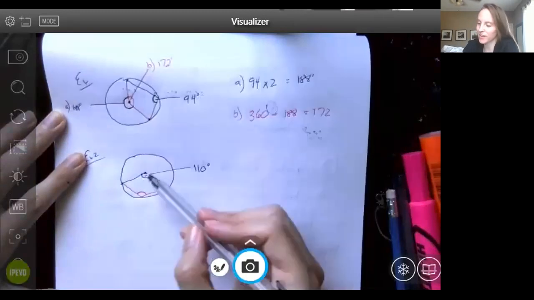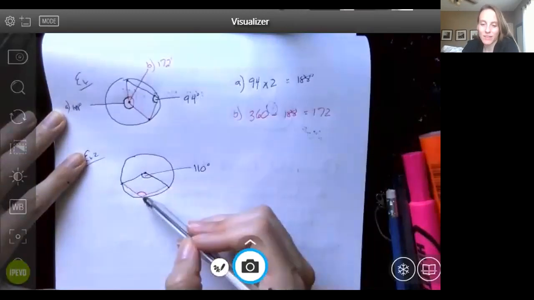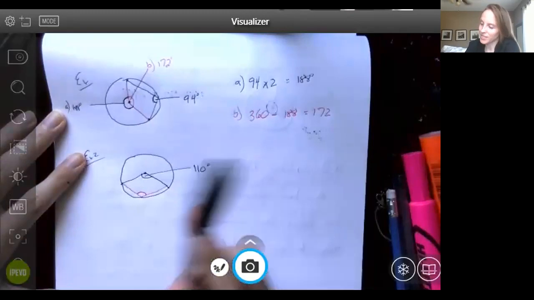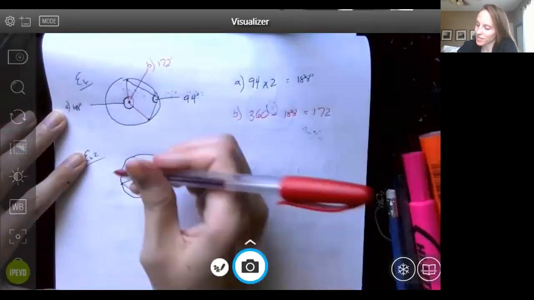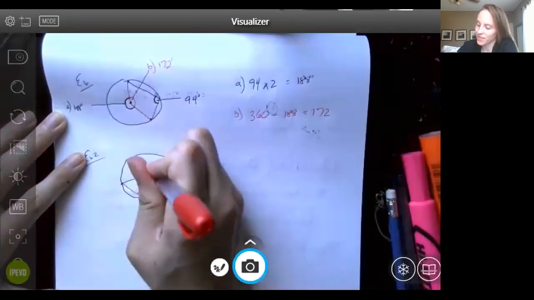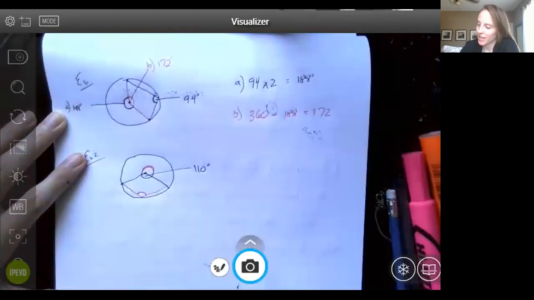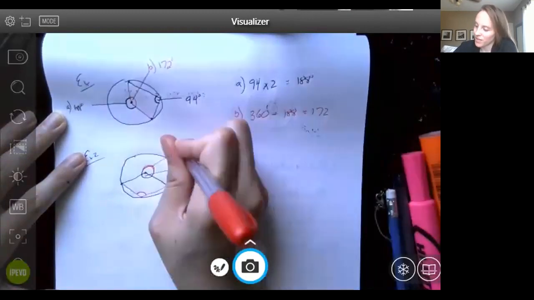Now, once again, I cannot just divide this in half to find my inscribed angle because they're not facing the same way. But what I can do is find the opposite central angle, which we'll call angle A.